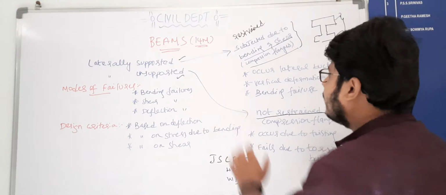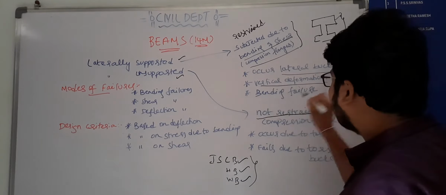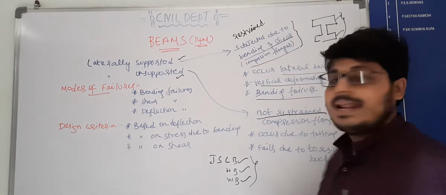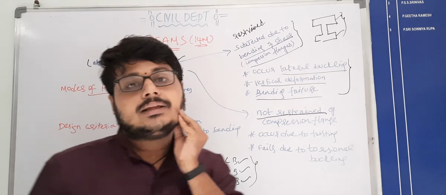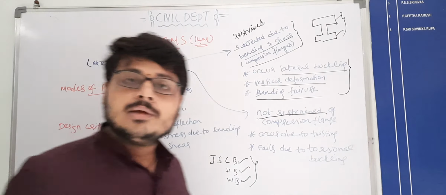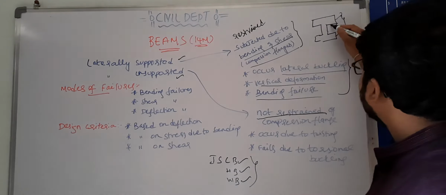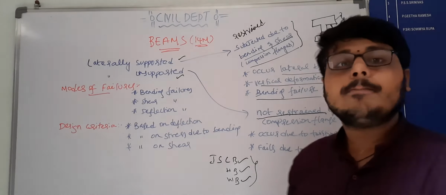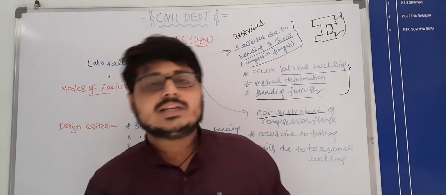Laterally supported beams can fail by lateral buckling, vertical deformation and bending failure. In this beam, lateral buckling will be there, so bending will be there laterally. Vertical deformation will be there in the web, and bending failure also will be there with respect to time.